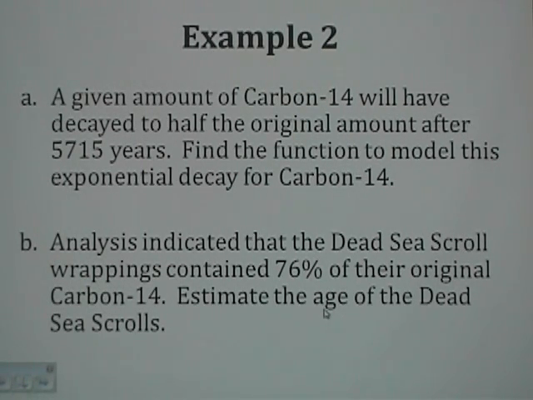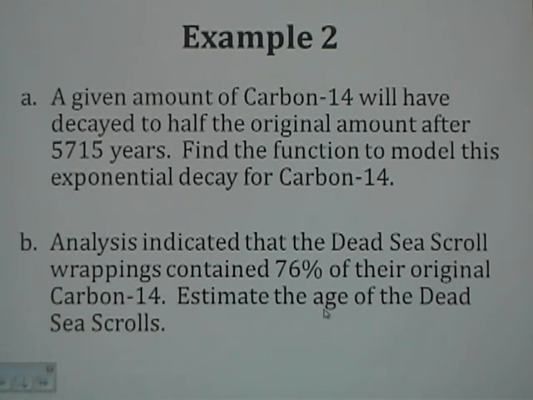What I understand in this problem is that the Dead Sea Scroll always contained carbon-14. Originally it had the full amount, 100% of carbon, but in the present year it's only 76% left.